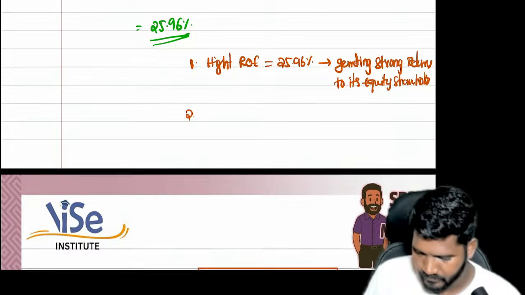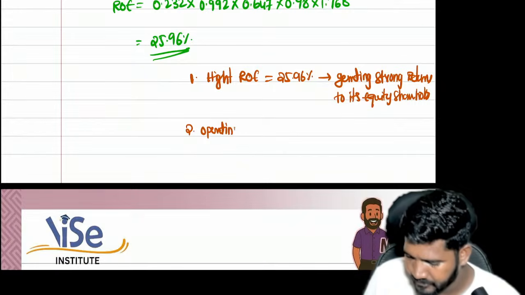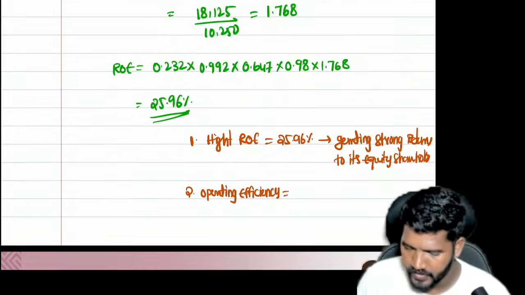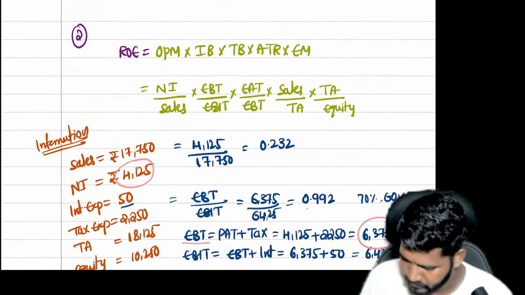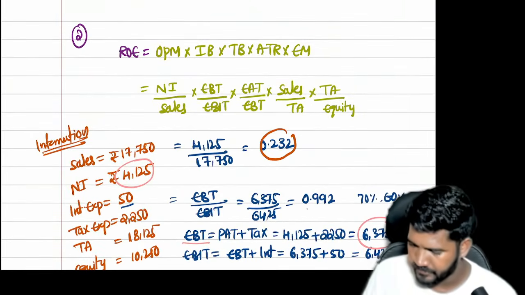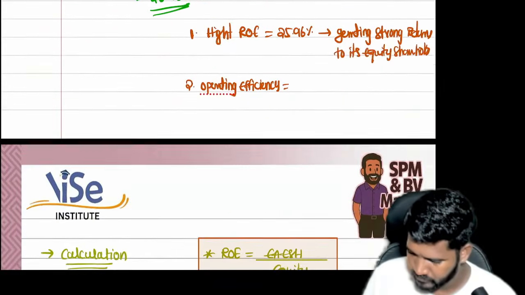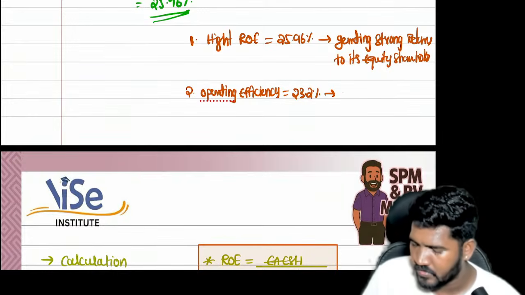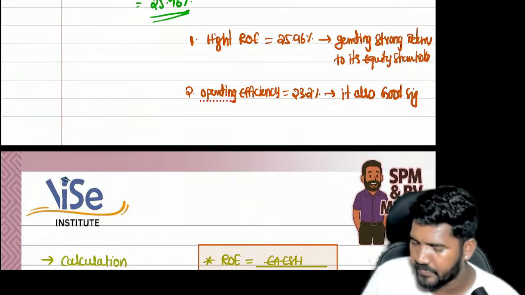Second one, operating efficiency, equivalent to 23.2%. It is also a good sign for the company.